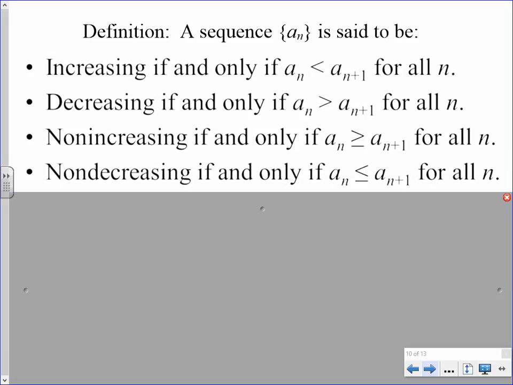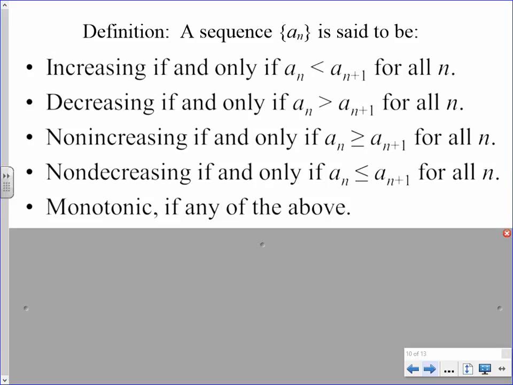If we are non-decreasing, we are increasing but could have equality from term to term. All of these describe a monotonic sequence, either purely increasing or purely decreasing, and that still counts as monotonic.